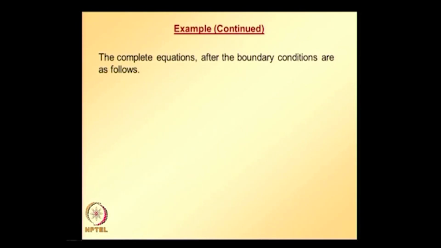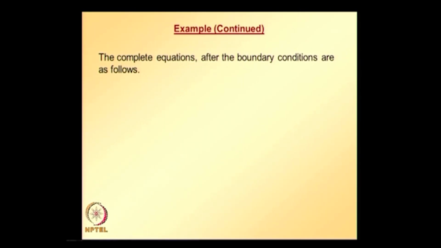So, the basic point is that if we simply use the tributary area concept, the equivalent nodal load vector is going to be different from what we get by performing integration of the work expression.